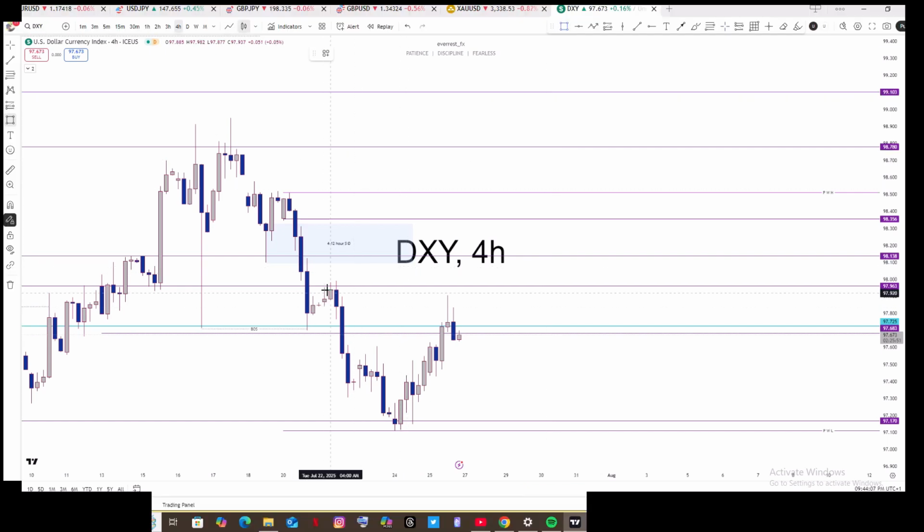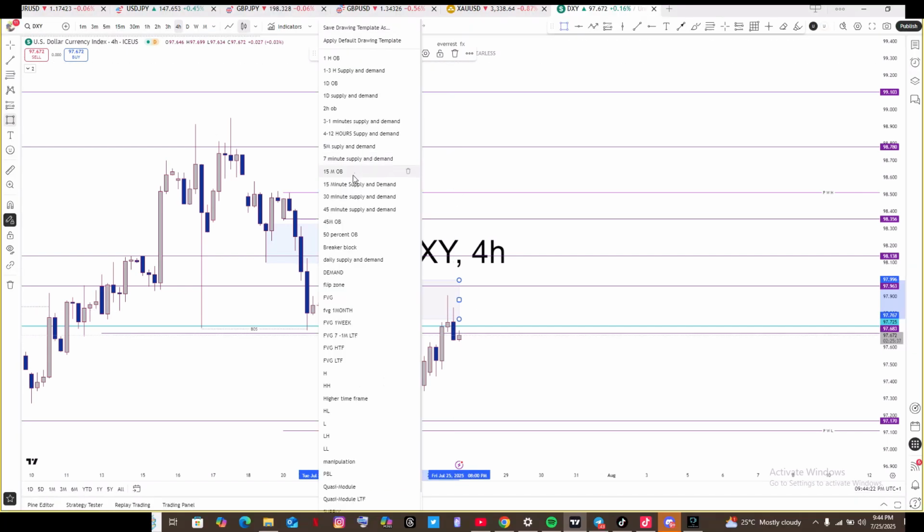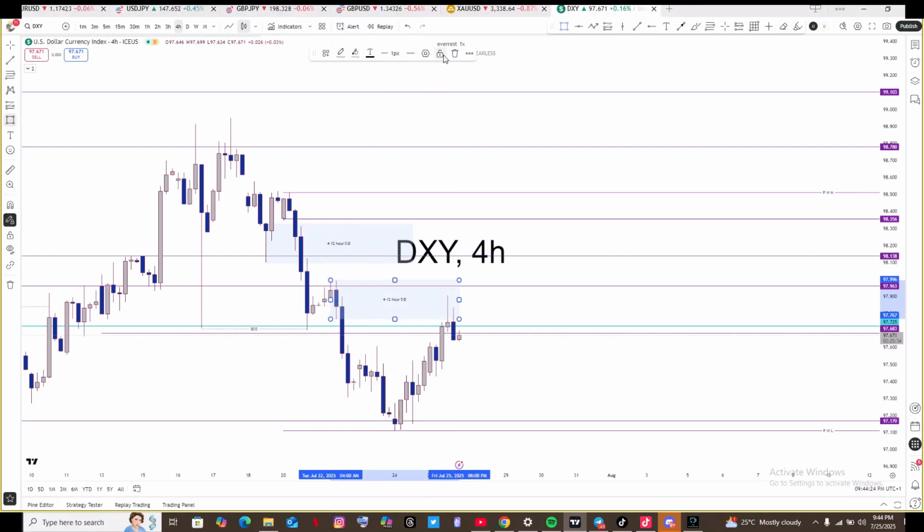Next week I will be expecting price to come up to this supply here, the one above here, and this place too. If I see any valid confirmation, I can start selling from there. And what's wrong with this?